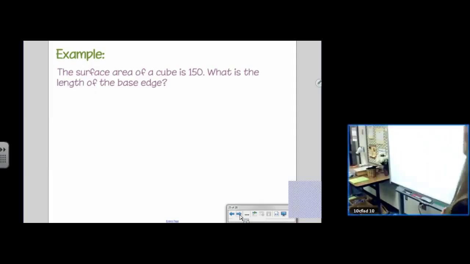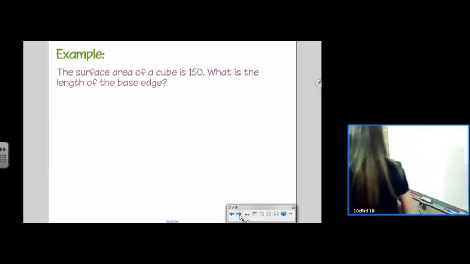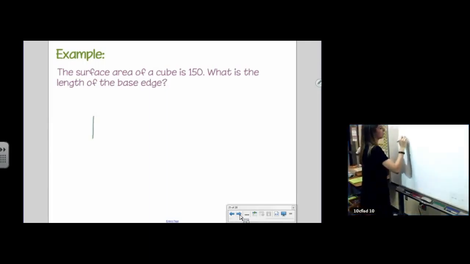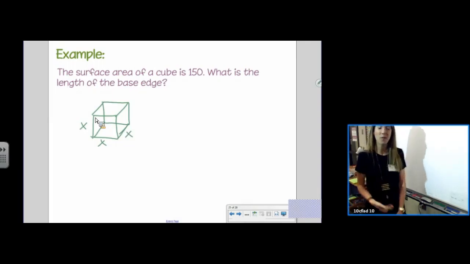Last problem, guys. The surface area of a cube is 150. What is the length of the base edge? Well, what we know about a cube is that all of the edges are the same, right?